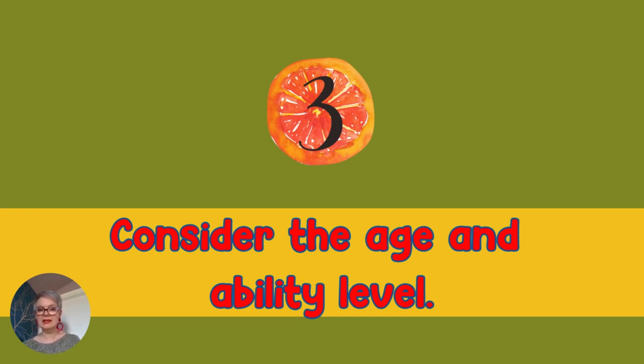3. Consider the age and ability level. Tailor the objective to the age and ability level of the students you will be working with. Ensure the objective is appropriate and challenging enough to promote growth and learning. Now, where you are not told the ability level, always assume you've been given, or you will be given, a group of mixed ability children.